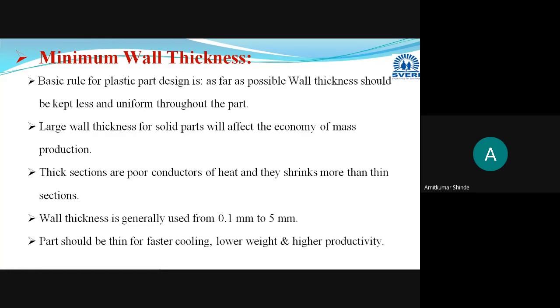This is a very important concept, a very basic requirement for designing any plastic part. You have to decide the minimum wall thickness. In this way, we have completed this concept of how to choose the minimum wall thickness while designing a plastic part.